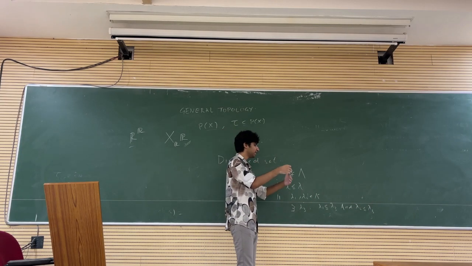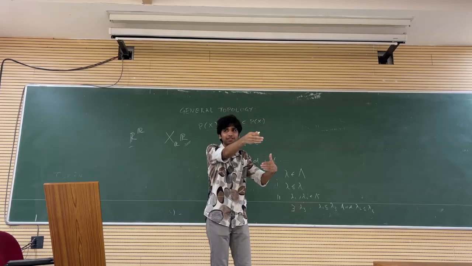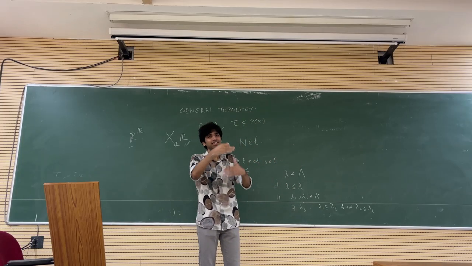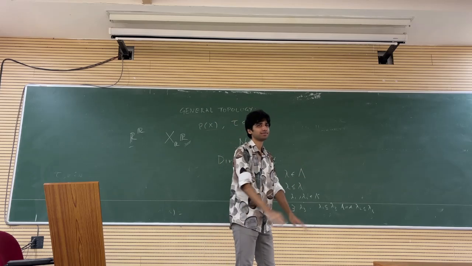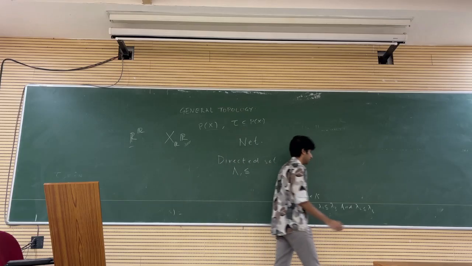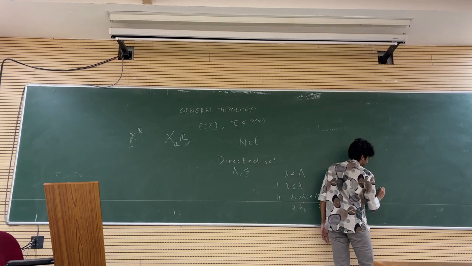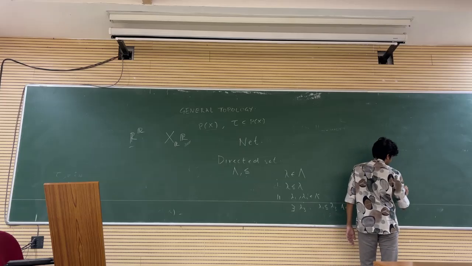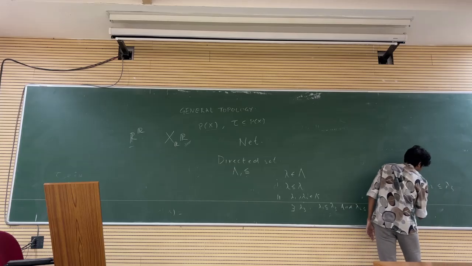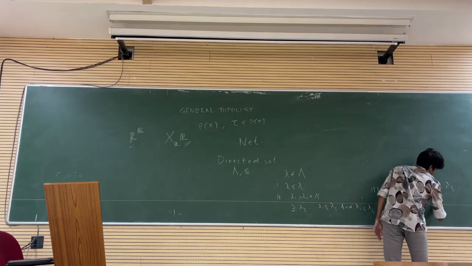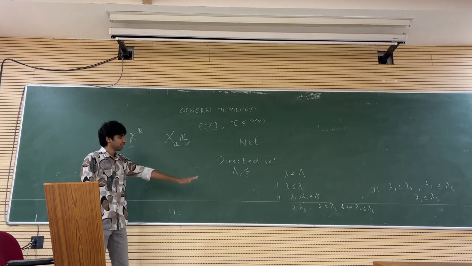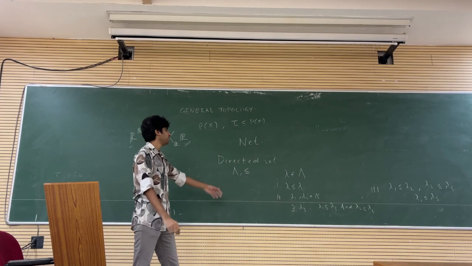This is basically saying that take any two elements, there is a larger element. The first one says that the thing is greater than or equal to itself. So they are ordered. This is reflexivity. This is something else. Then the third one is transitivity: if lambda 1 is less than lambda 2, and lambda 2 is less than lambda 3, then lambda 1 is less than lambda 3. This is a directed set. We'll take these as indices.